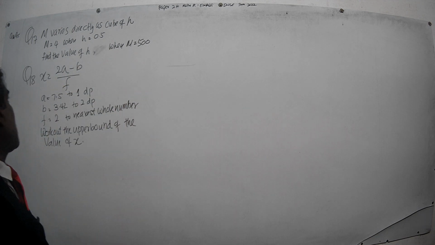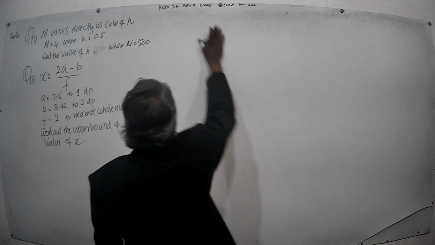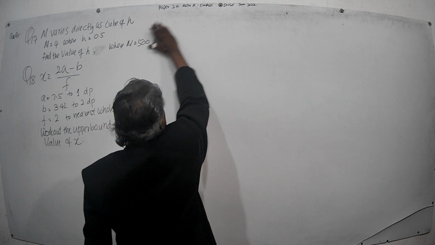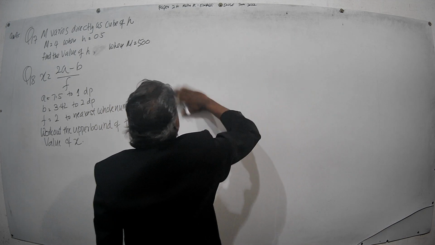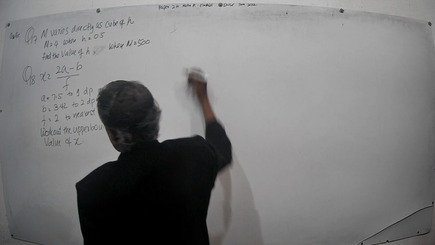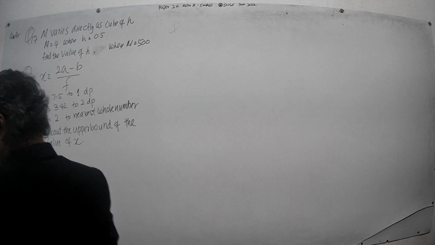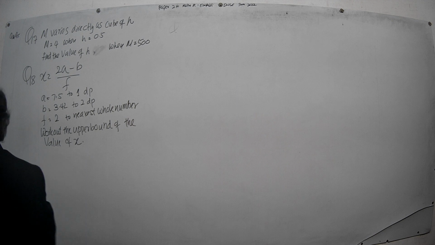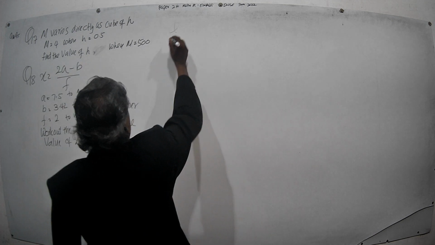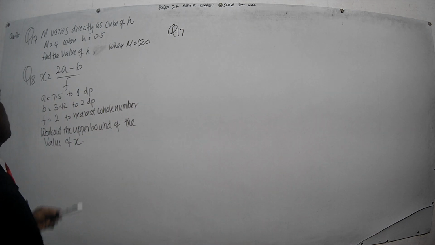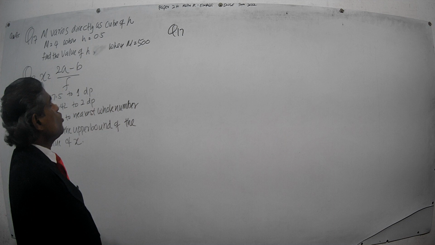Okay, right. Now we write Q17. Then they say m varies directly as cube of h.